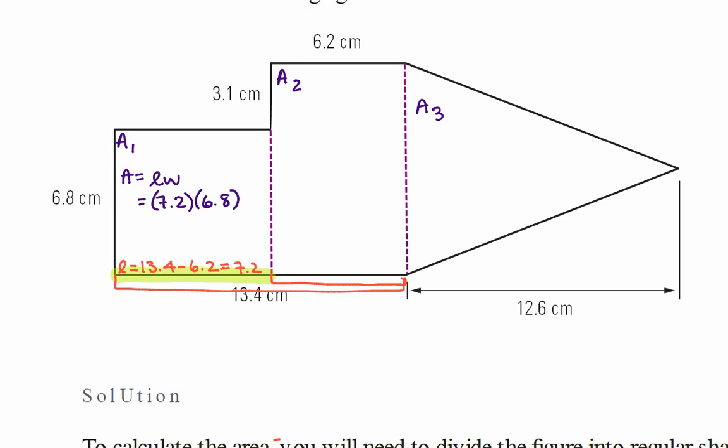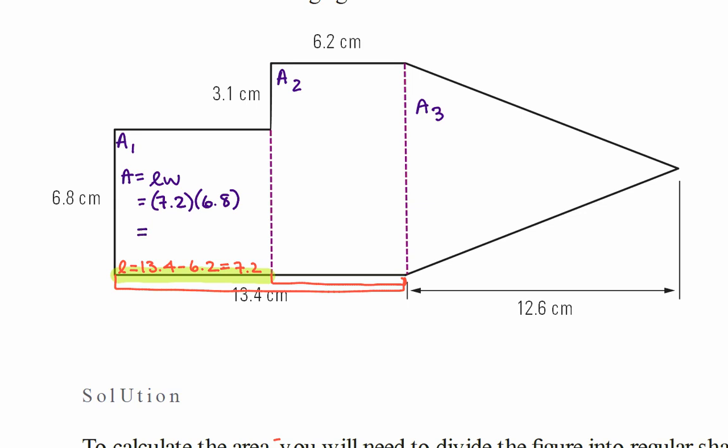6.8. Now, some of you just assume that it looks like a square, so I'm going to make it a square. But it's not, is it? Because 7.2 and 6.8 are not equal. So what is our surface area for this one piece?